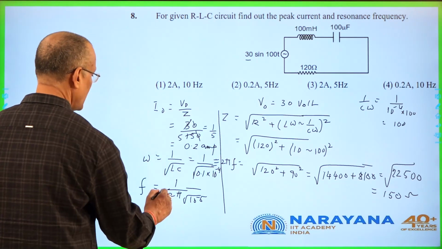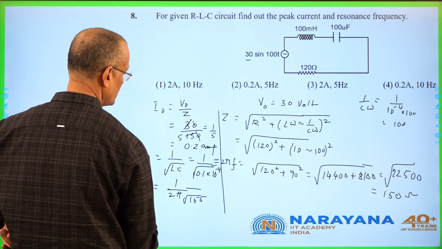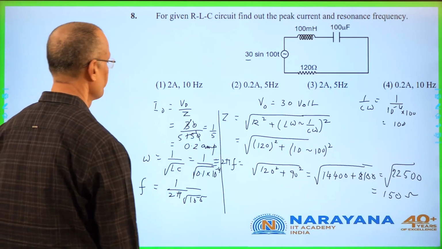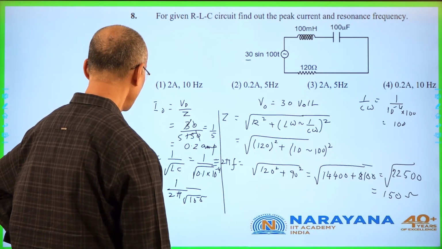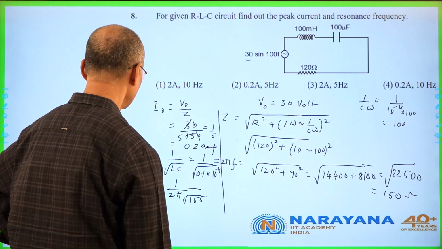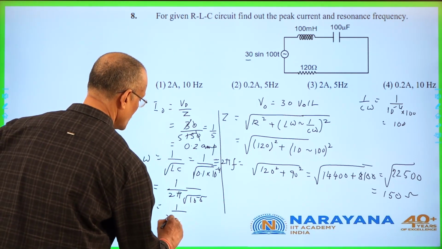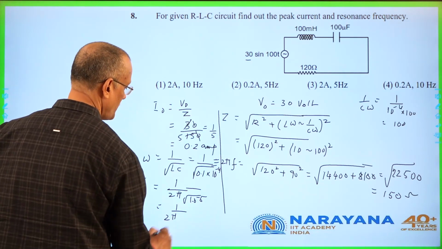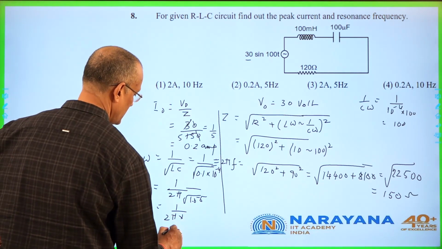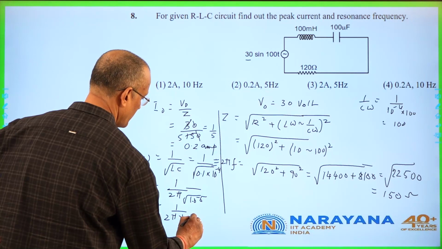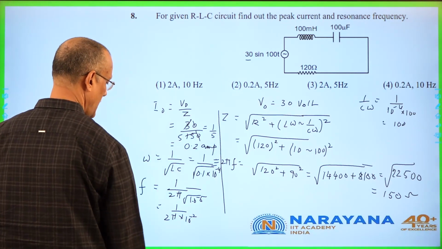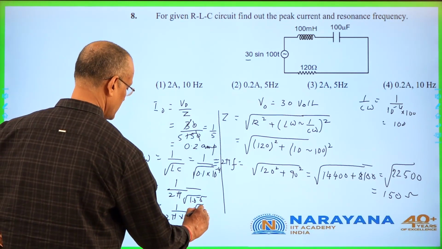You will be calculating by using this formula. So you will take 10 to the power minus 2 and root 10 here.